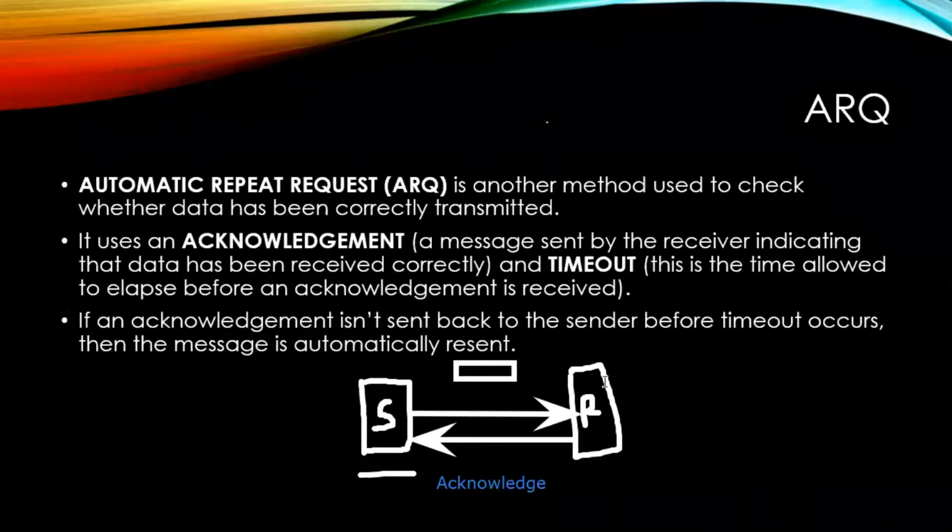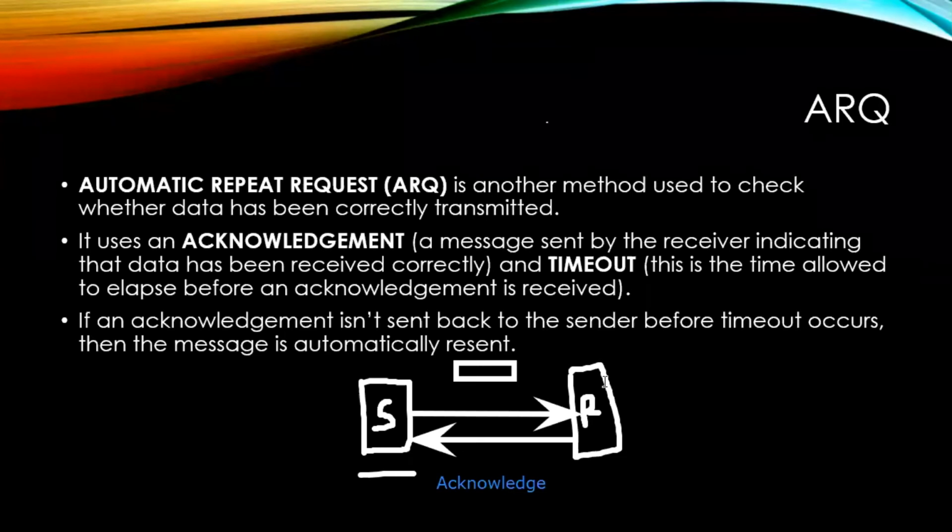How does that repeat request get executed? It is based on the timeout, the time allowed to elapse before an acknowledgement is received. This is ARQ. If you just understand the basics of what I've told you in terms of one friend sending a gift, you will be able to explain ARQ properly.